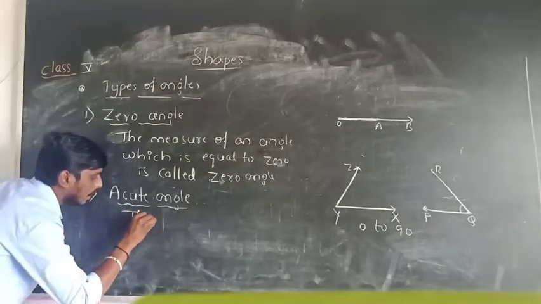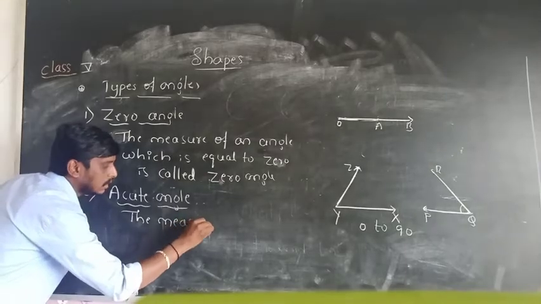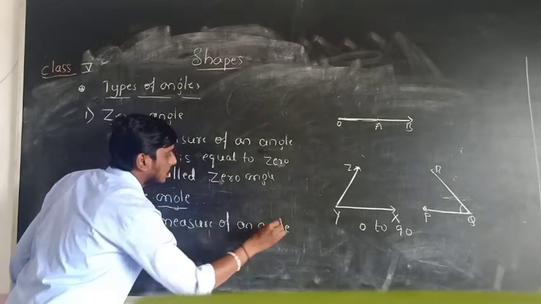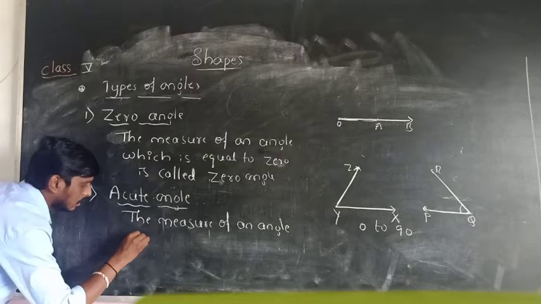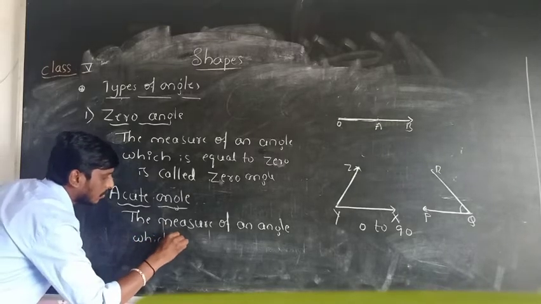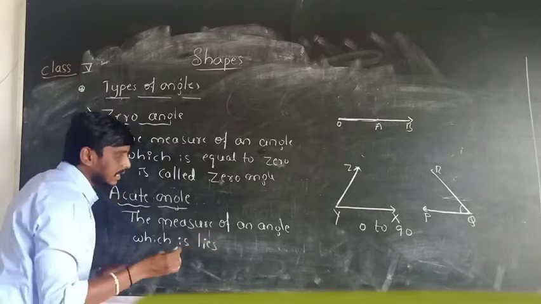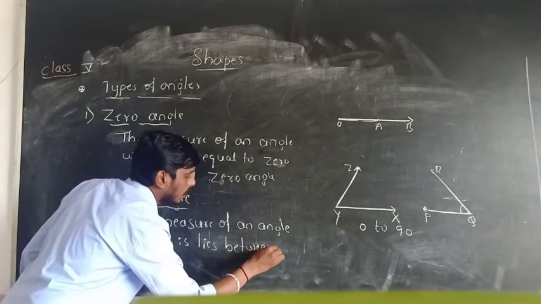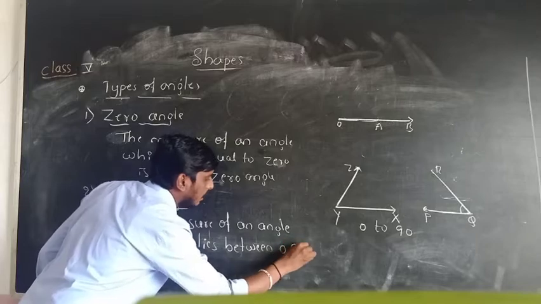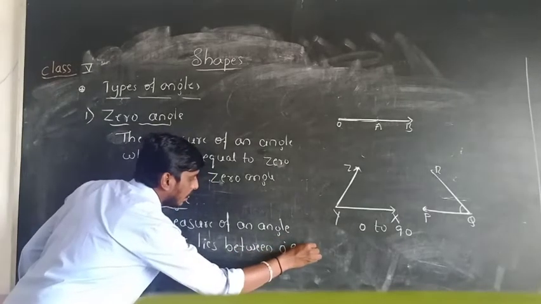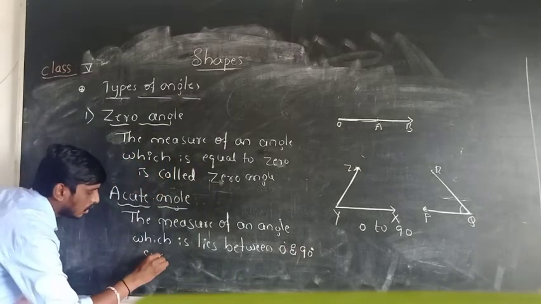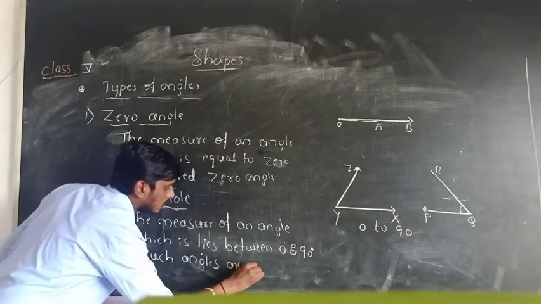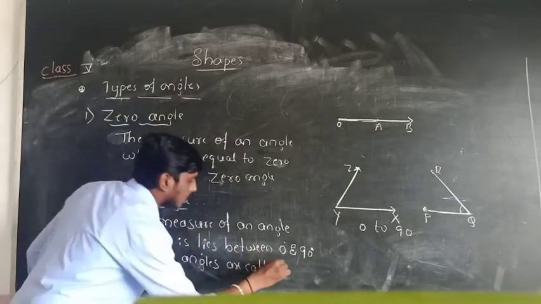The measure of an angle which lies between 0 and 90 degree, such angles are called acute angle.